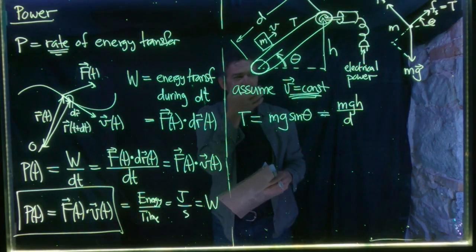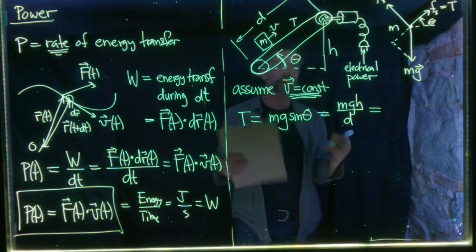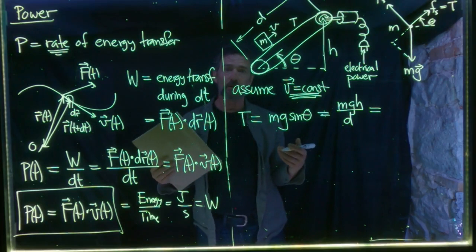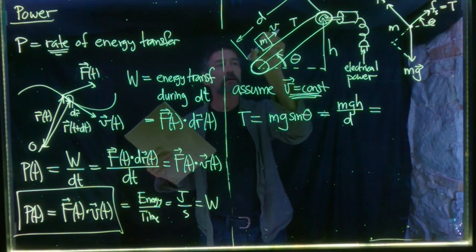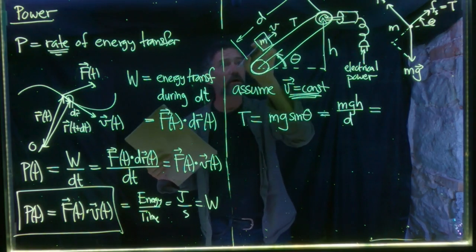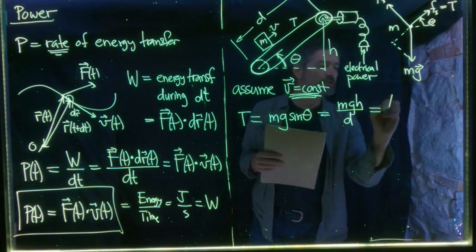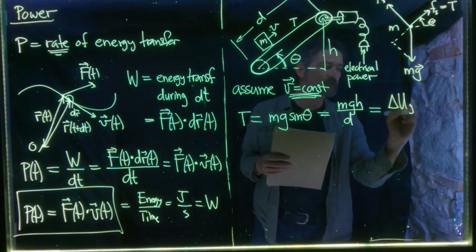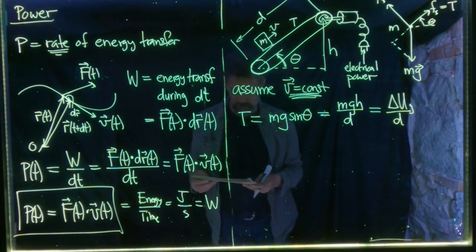And so you recognize, well, what's mgh? Well, mgh, of course, is the change in the amount of energy stored in the gravitational field when the little mass m is raised from this point through a height h up to this point. And so that's the change in the energy stored in the gravitational field divided by d. Okay, so you have that.